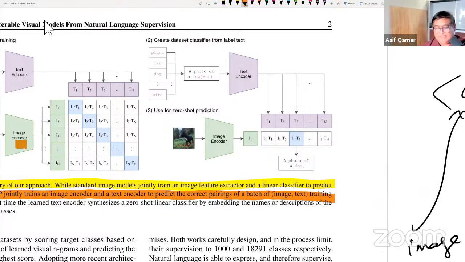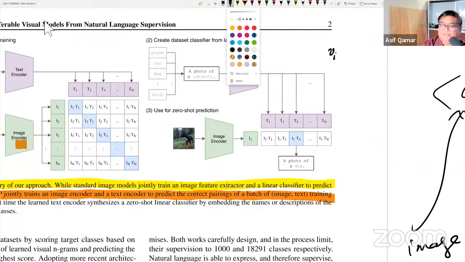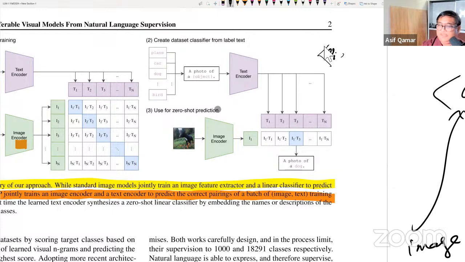And what you could do is, once this machine is trained, you could pass your image through this encoder and the text also through the appropriate text encoder, and basically say, if I have this image vector, I could play this game. I could do each one of these vectors, right?